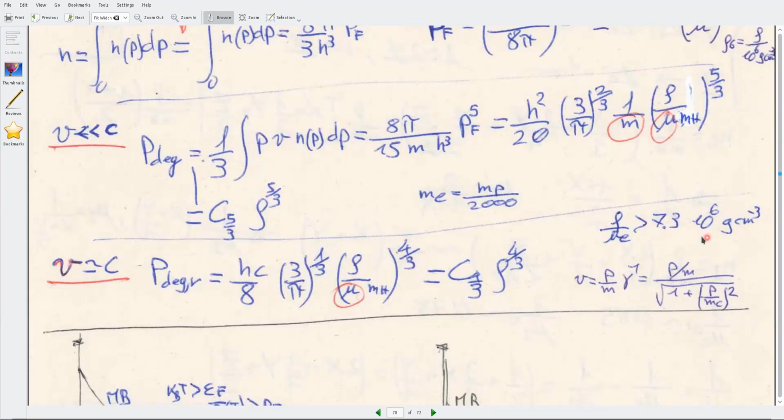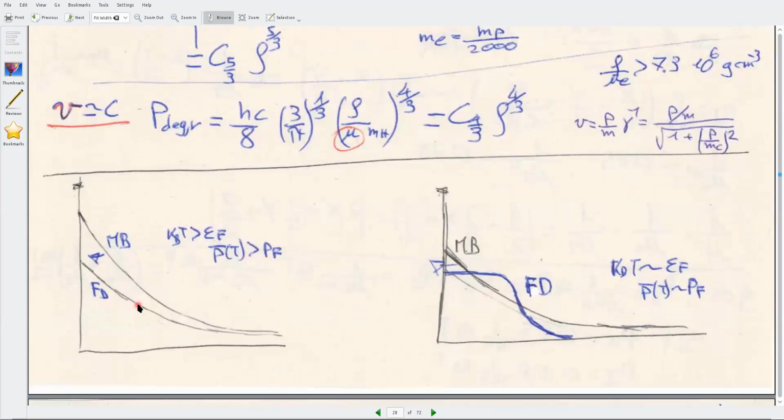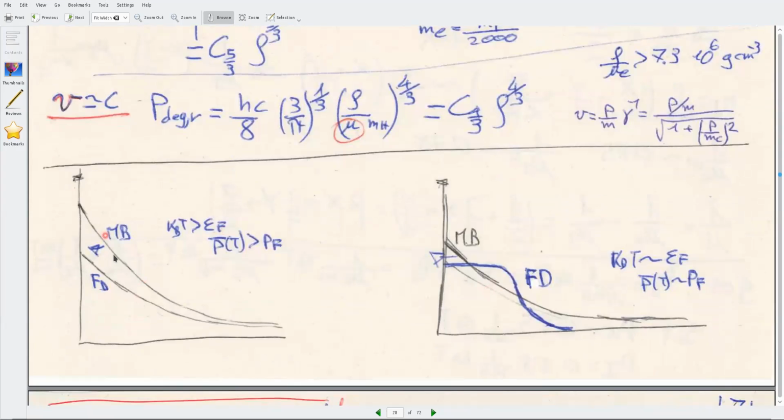Water is 1 gram per cubic centimeter, so we are talking about density 1 million times that of water. Here you can see it is not in the range for relativistic.